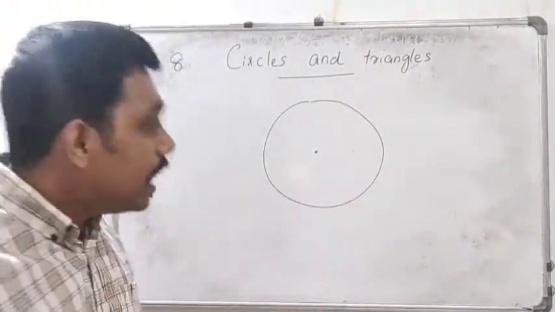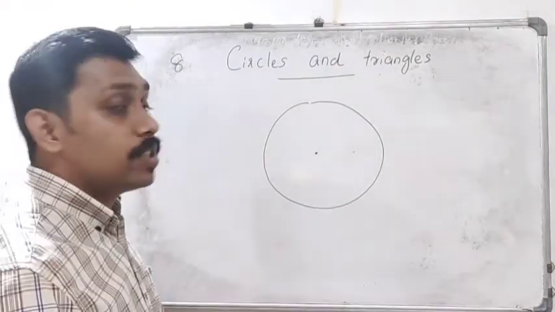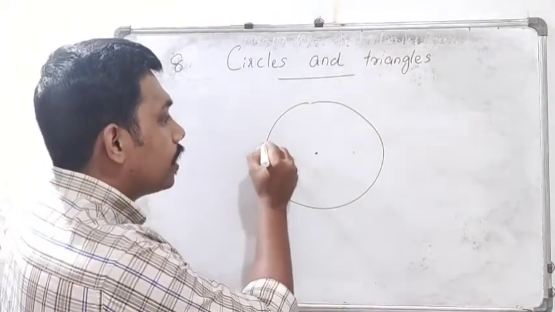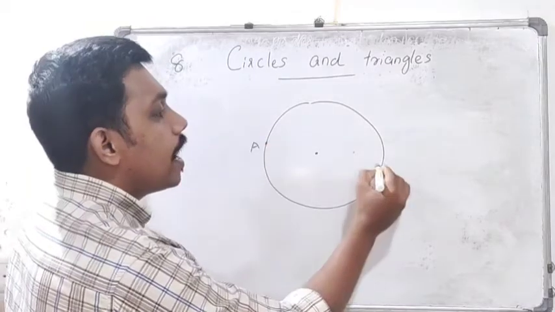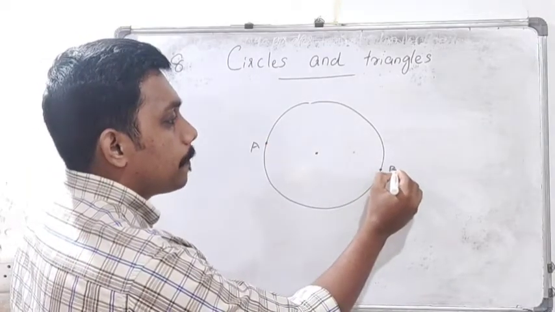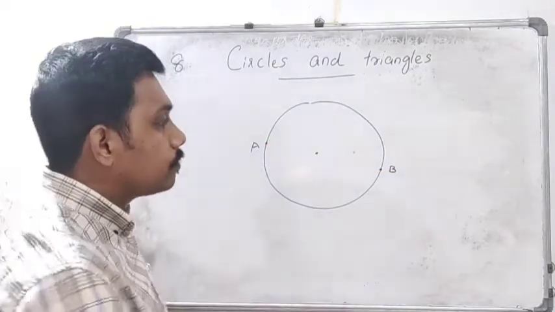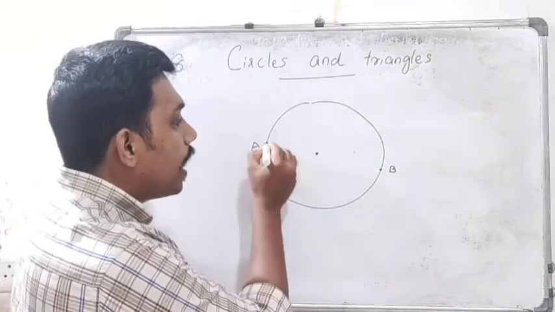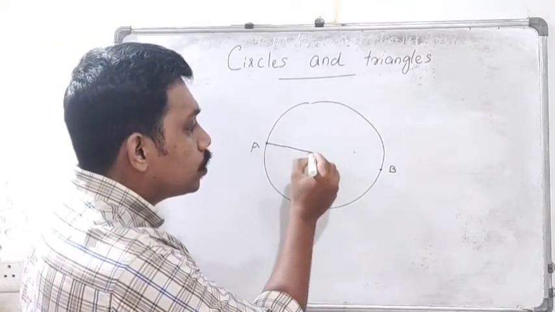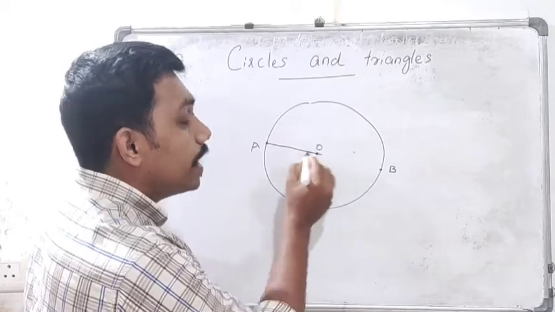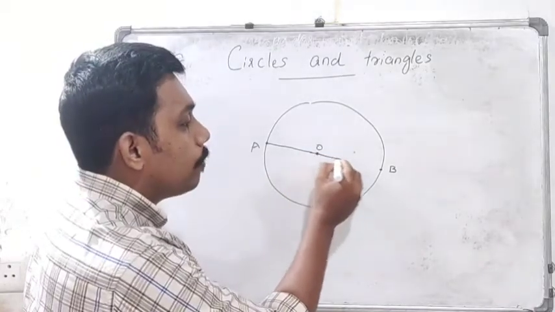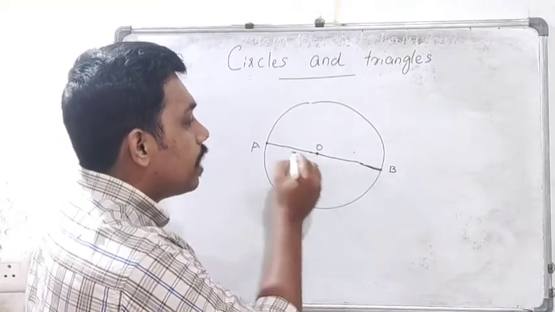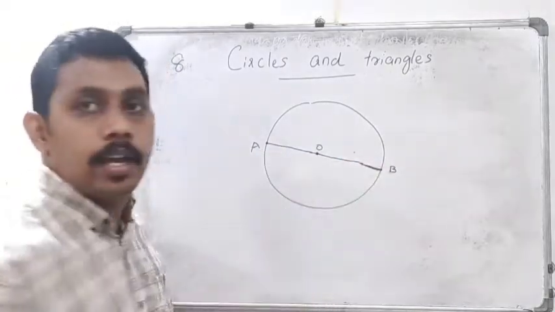Now let us consider two points on the circle, point A and point B. Now I am going to draw a line segment through the point O, the center of the circle, to the point B. So here we have the line segment AOB.